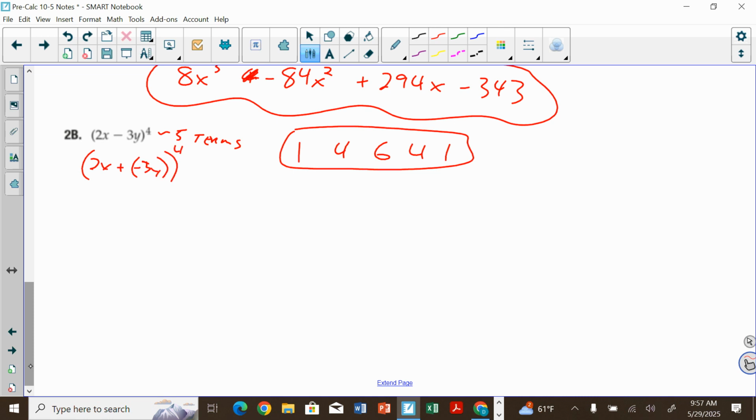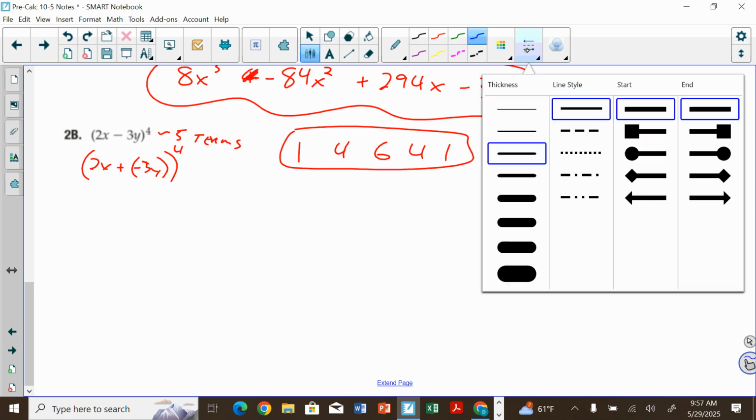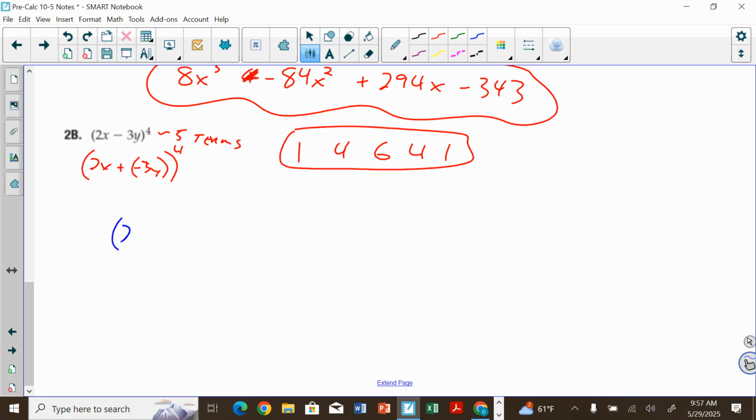All right. So let's plug in our terms. I know it's got 5 terms. So I'm going to go ahead and say this is 2x to the fourth times negative 3y to the 0 power. Okay. And I'm going to do that again with just descending on 2x to the third, negative 3y to the first as they're going up in powers.